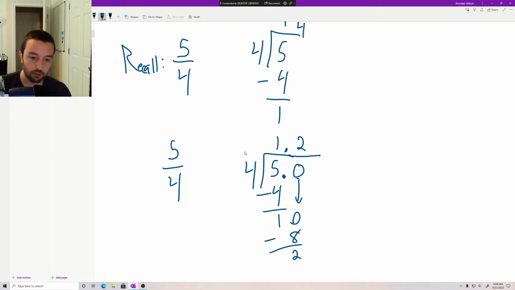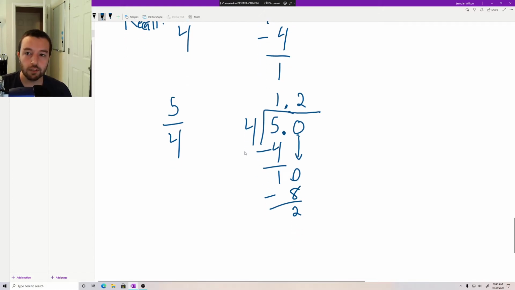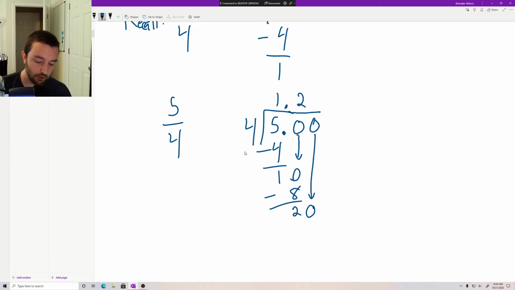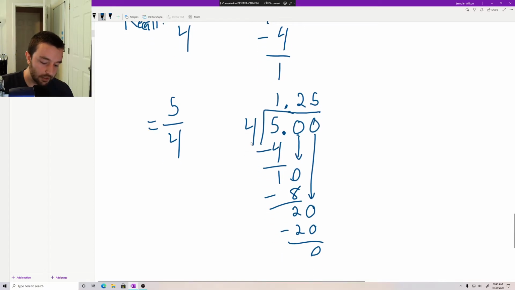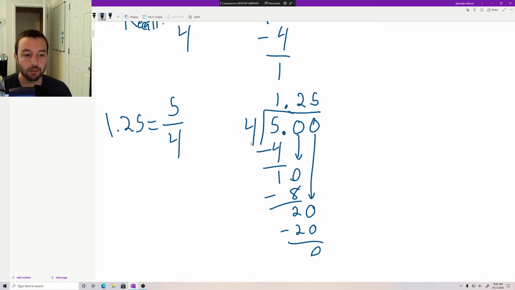And then we have 2 left over. And we're just going to keep doing this until we get a 0 remainder or until the numbers start repeating. Okay. So now 4 goes into 20, 5 times. 5 times 4 is 20. So we have a 0 remainder. Okay. So 5/4 is equal to 1.25 is what we find out from this. Okay.